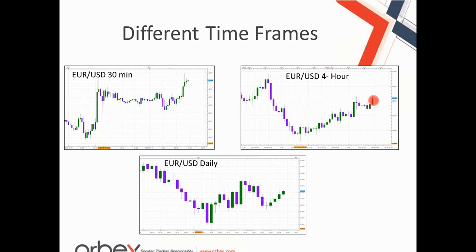But over here, it's shown in only 1 candle. So depending on the type of trader that you are, you want to make sure that you are on the right time frame. If you're a day trader or a scalper, you want to be on a 30-minute chart, and these indications and chart pattern analysis apply exactly the same. But if you're more of a slower trader, you want to look at the 4-hour chart.